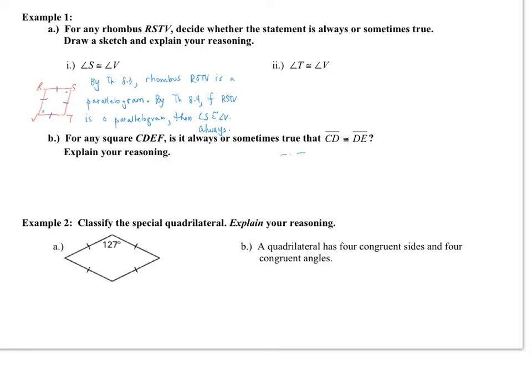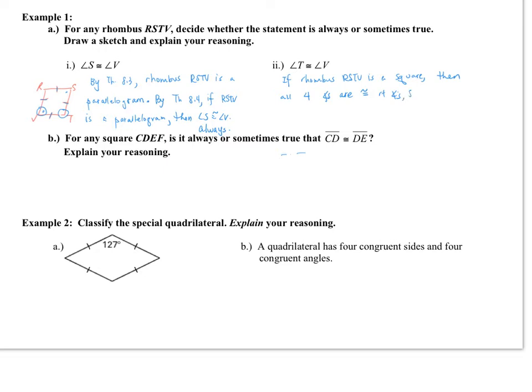And for part 2, we want to know if angle T is congruent to angle V. Well, if rhombus RSTV is a square, then all four angles are congruent right angles.